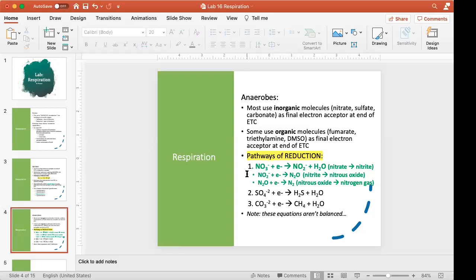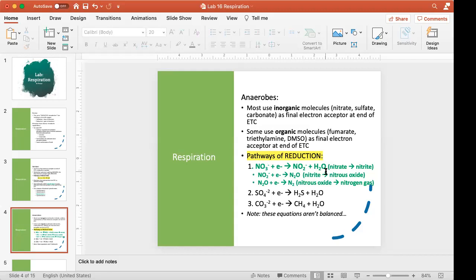When nitrate receives electrons, it becomes what's called nitrite. That's the NO2, and water. Water's always involved here. So nitrate gets reduced to nitrite. Now, sometimes that's not going to stop at that point. Sometimes this is all that happens. The nitrate becomes nitrite, we're done.